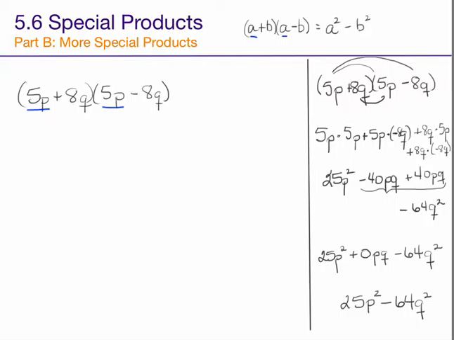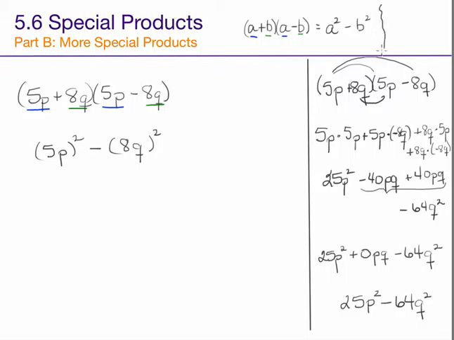A squared, therefore, at least in this case, is going to be 5p squared. Not just 5 squared, and not just p squared. What's my b? Well, in this case, it's 8q. So, if I'm going to subtract b squared from a squared, I need to make sure that I get the right thing for b.